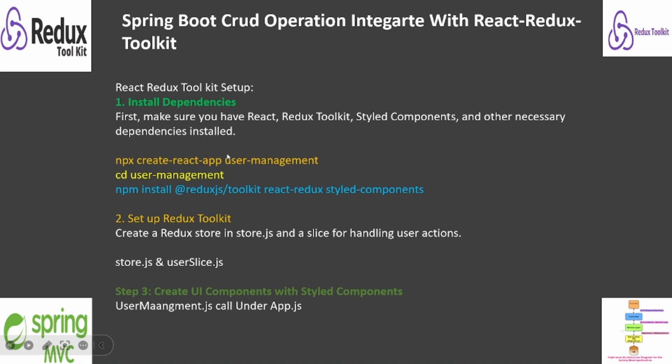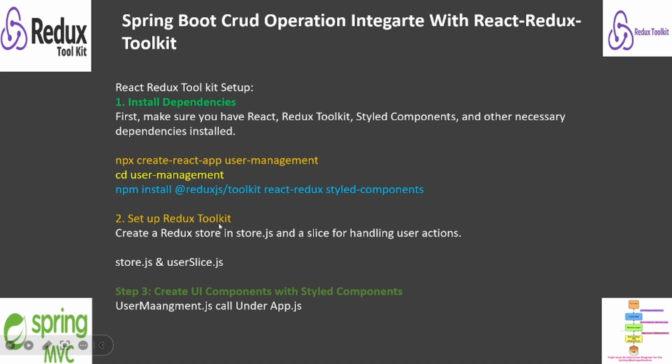There is no naming convention, so you can put whatever you want, even your own name. After creating your React app, cd into user-management, and then run npm install Redux Toolkit, React Redux and styled components.